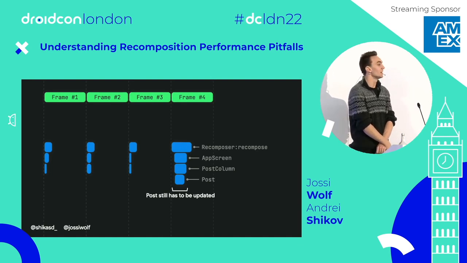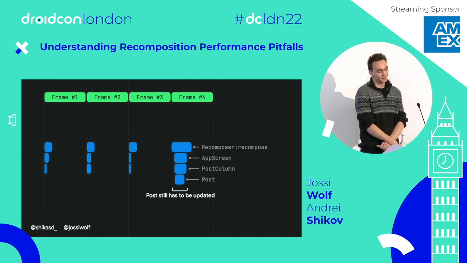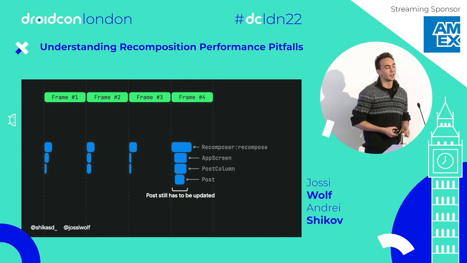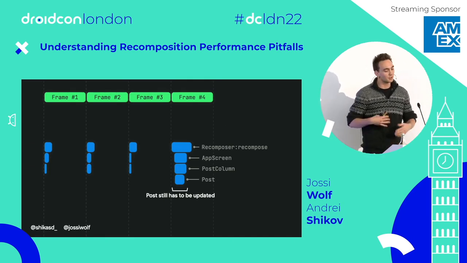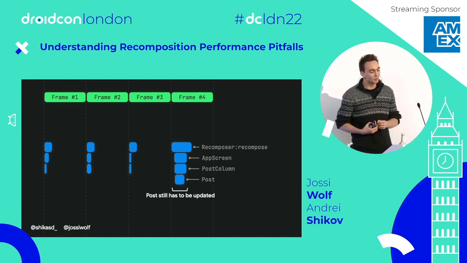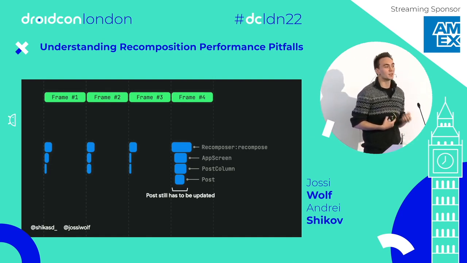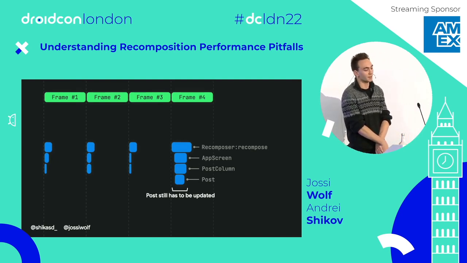Yeah, there is none. Not everything has to be stable, and that's a good thing. Track the data flow in your app and really make sure that you really need things to be stable. You don't always need it to be stable. And just because a function is restartable doesn't mean it actually will be restarted. For example, if the state is not being read in that function.